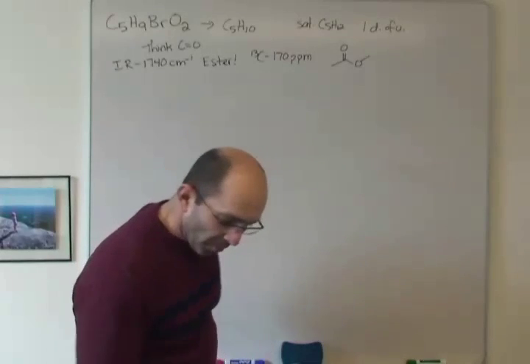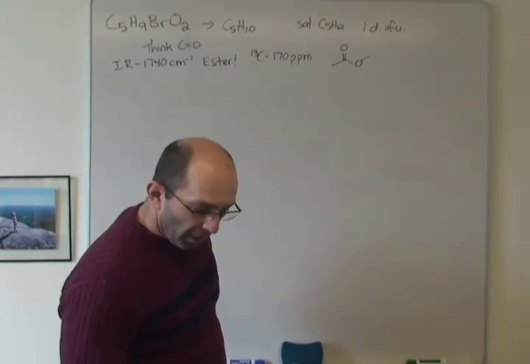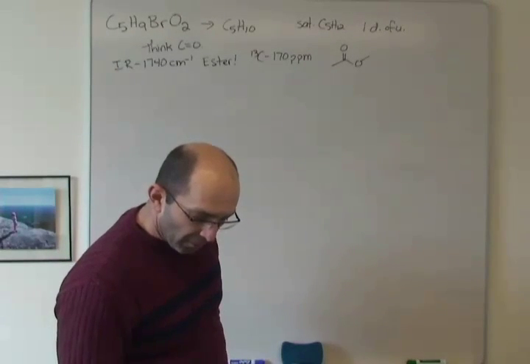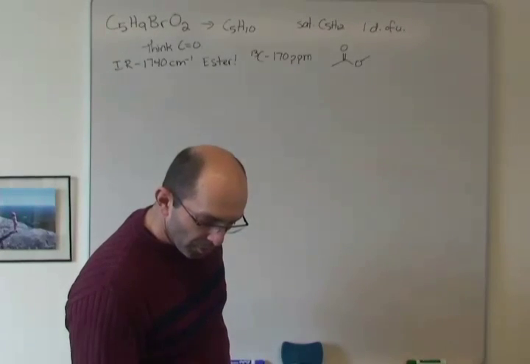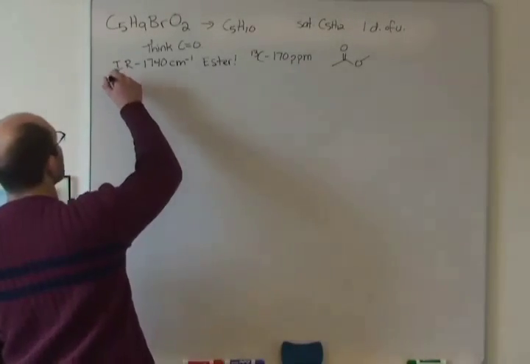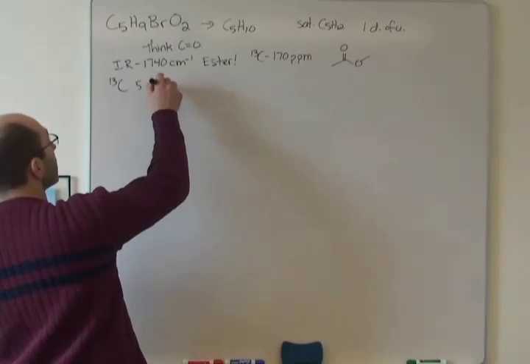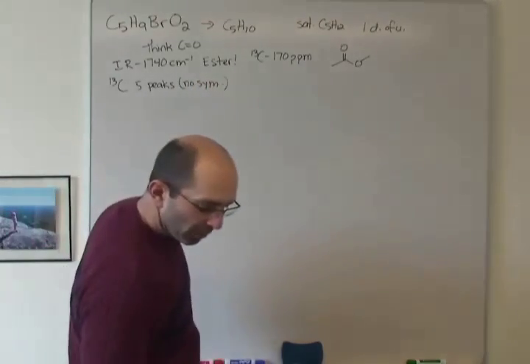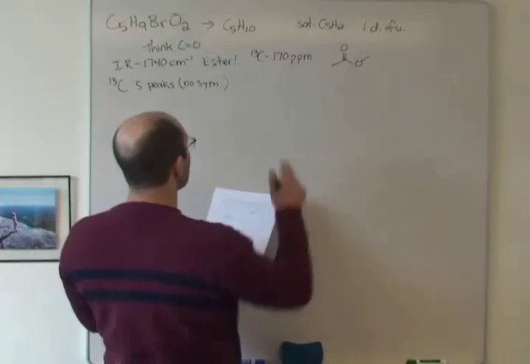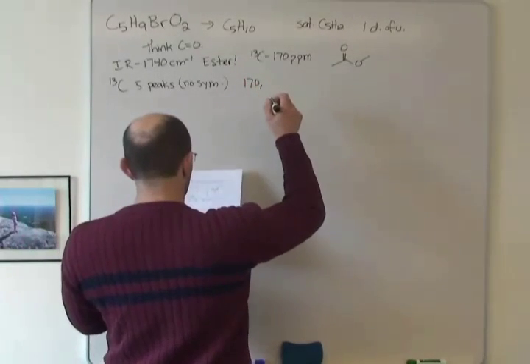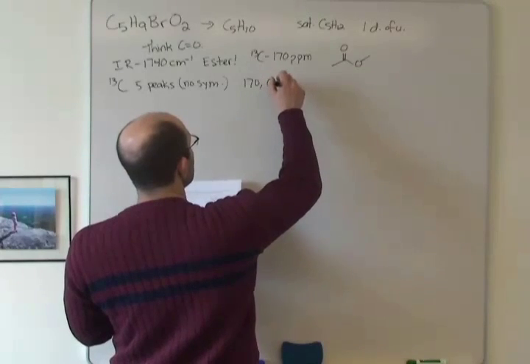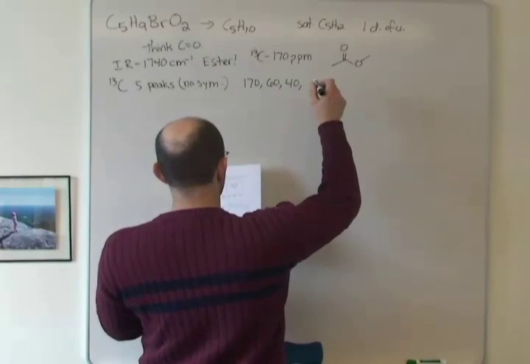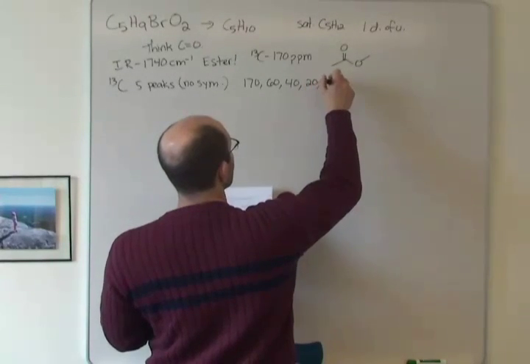All right, so let's see what else we can get. I would say we're done with the IR. Let's go to the carbon-13 NMR. If we look at the number of peaks we have there, I see 1, 2, 3, 4, 5. All right, so we have no symmetry. All right, and if you look at the positions that we have, right, we have 170, we have 60, 40, 20, and let's say 12, something like that.